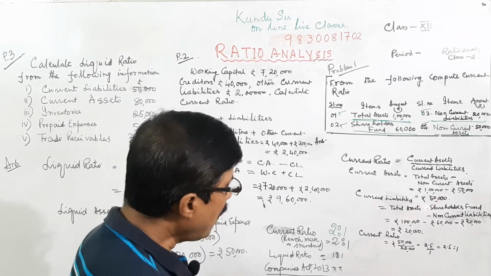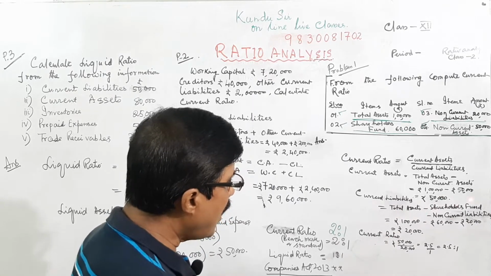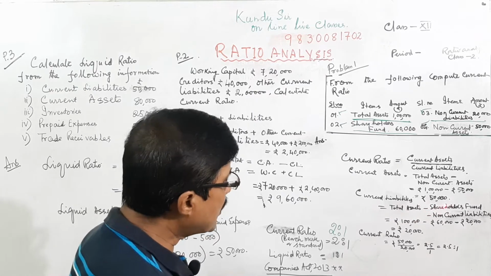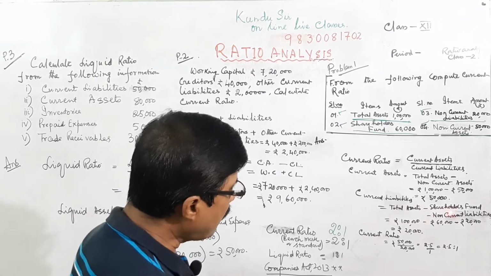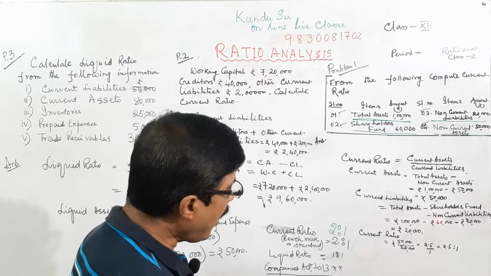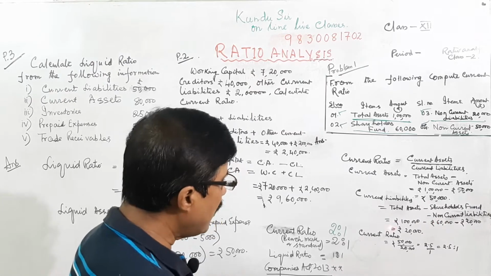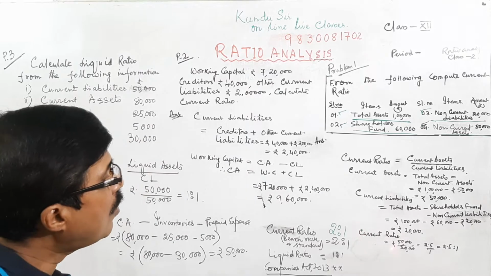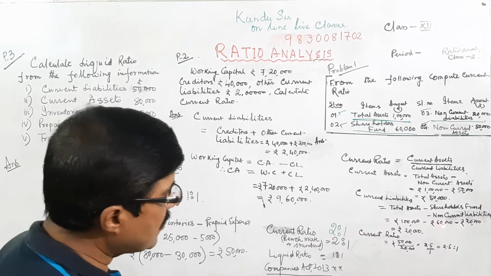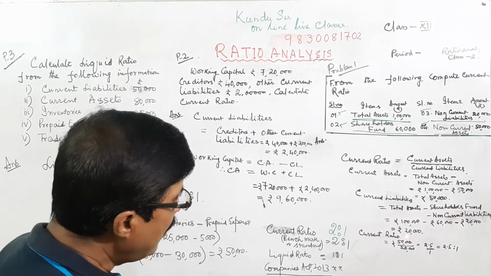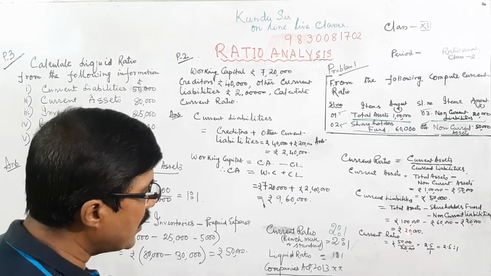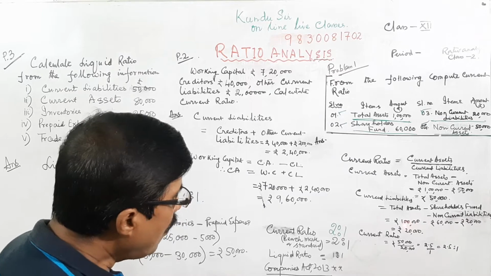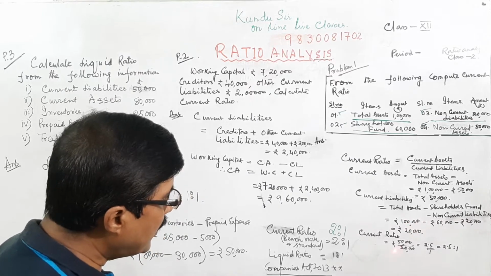So current liabilities equal 1 lakh minus 60,000 minus 20,000, which is 1 lakh minus 80,000, equal to 20,000.